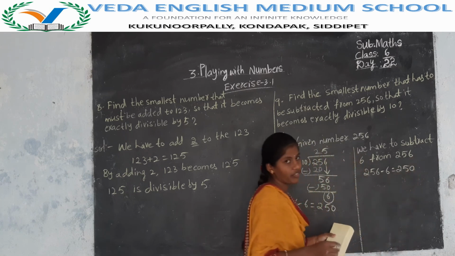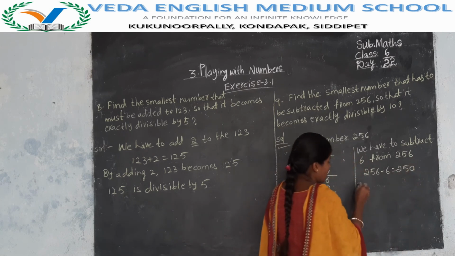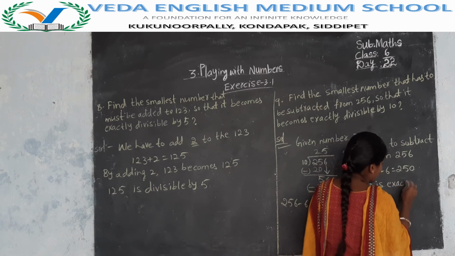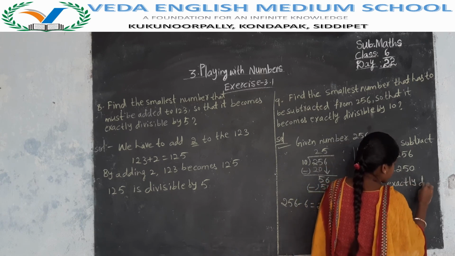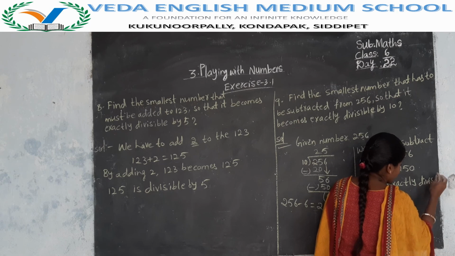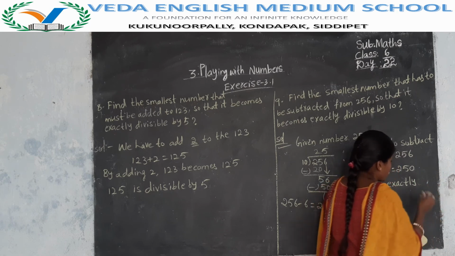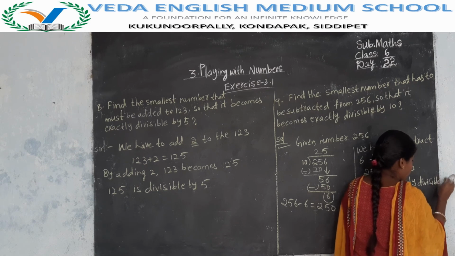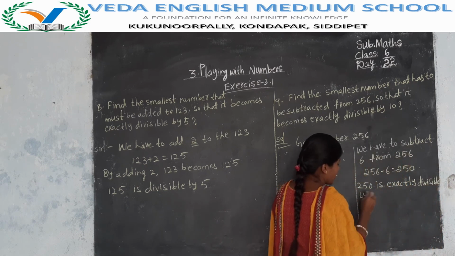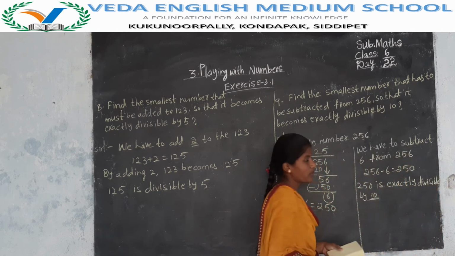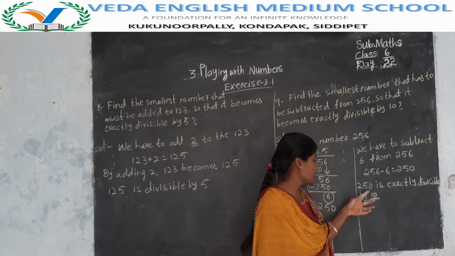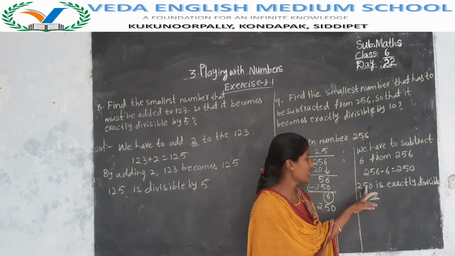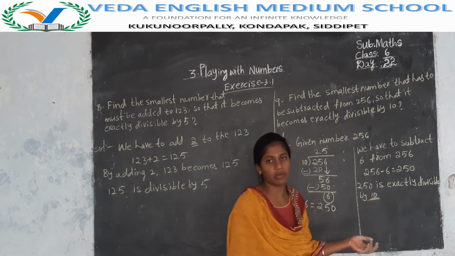Now this 250 is exactly divisible by 10. How we are saying that it is exactly divisible? Because based on the divisibility rule, if we have 0 in the ones place, then the number is exactly divisible by 10. In the 250 in the ones place we have 0, so it is divisible by 10.